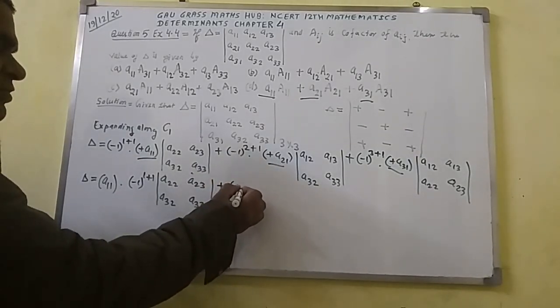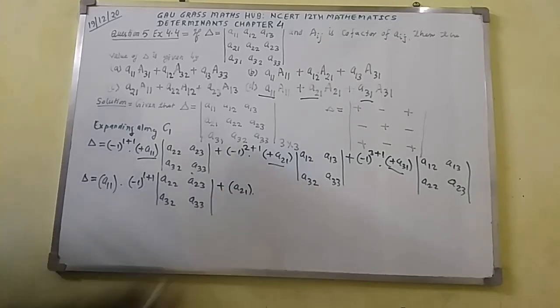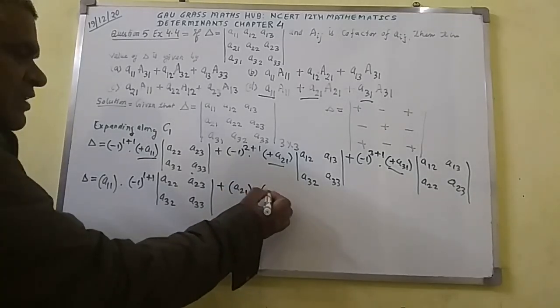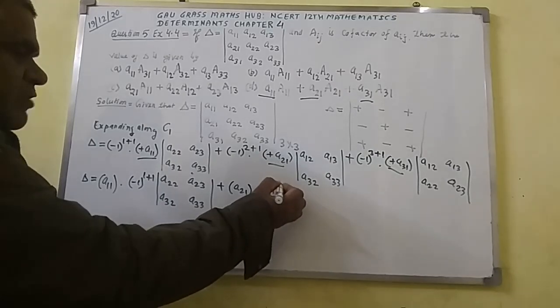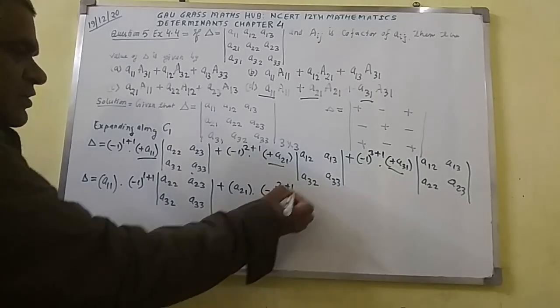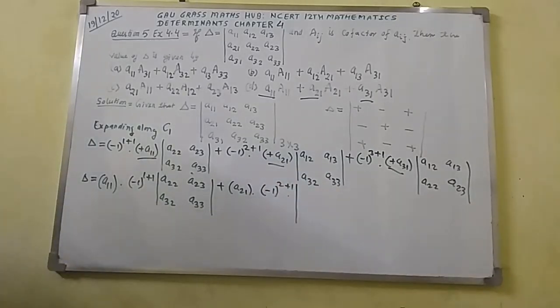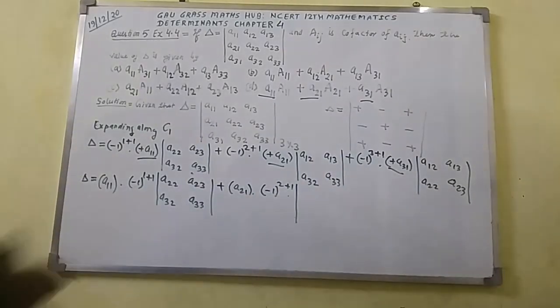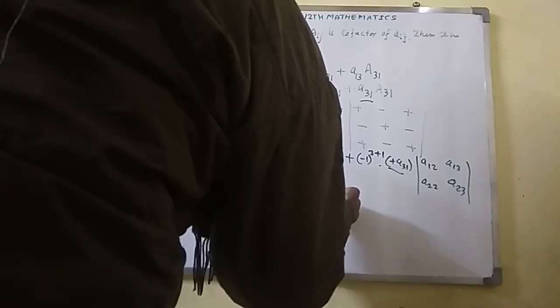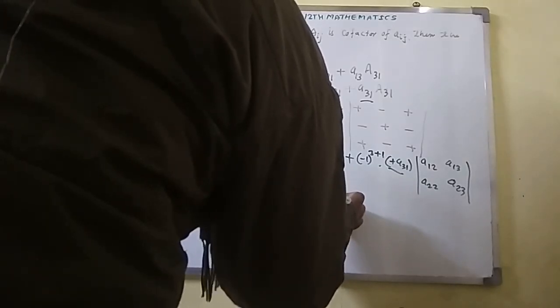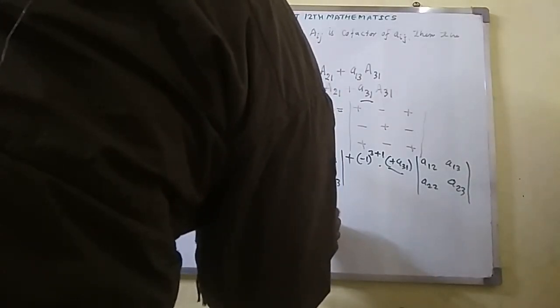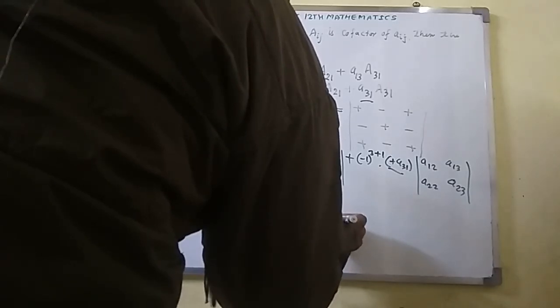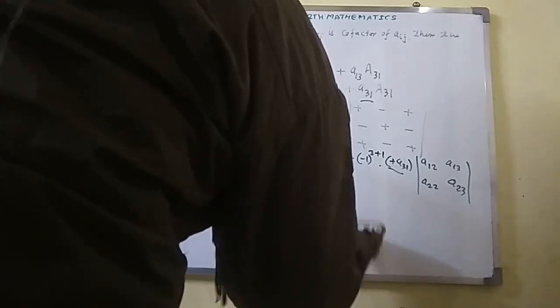A21 will be reflected. Dot minus 1 raised to power 2 plus 1 dot. I shall reflect here the minor A12, A13, A32, A33. I shall reflect.